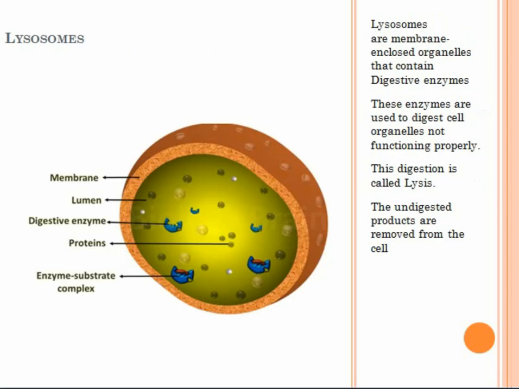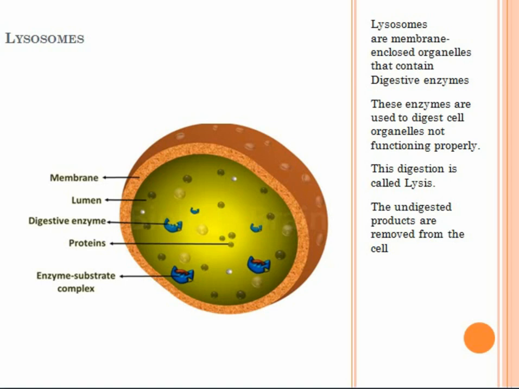Now we have the lysosome. So this is the lysosome that contains the digestive enzymes. Now these digestive enzymes are very powerful, so that they can digest any organelle of the cell. Now why it will digest the organelles, we are going to study.